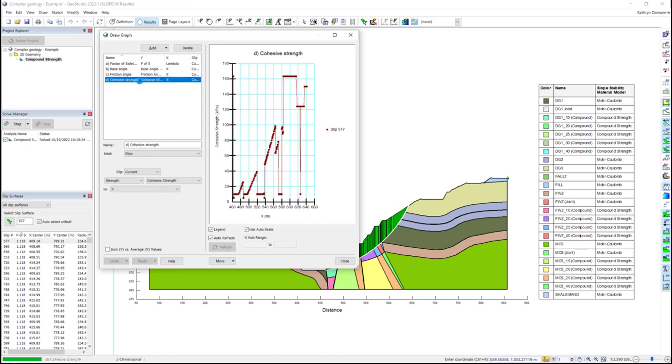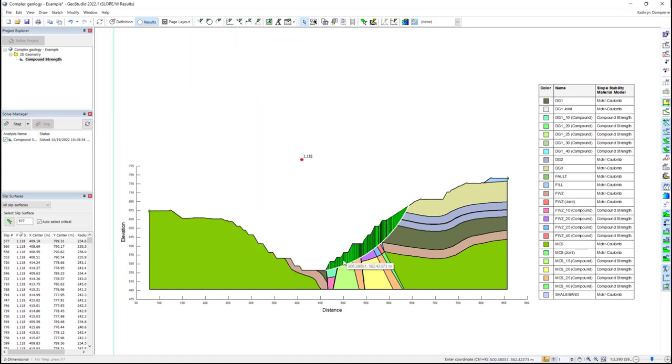The mobilized cohesive strength is calculated similarly and is a result of the compound strength material models used to define the geometry. The cuckoo search method navigated this complicated geological environment to find the critical slip surface. Keep an eye out for a future webinar to focus specifically on this new feature where we will explain how this nature-inspired algorithm works.